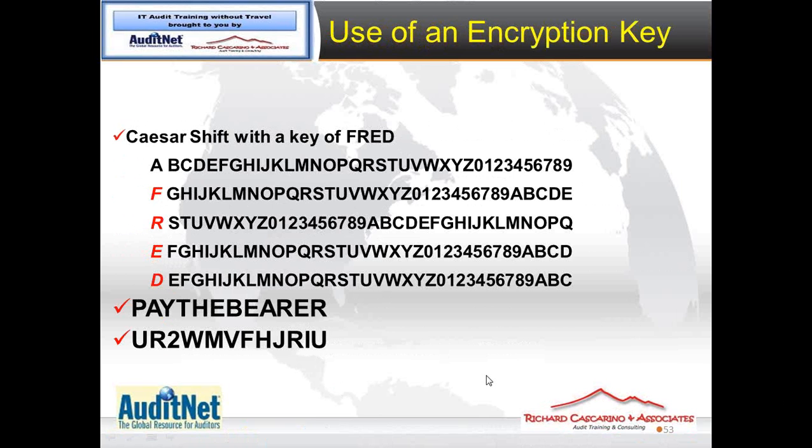So how does it work and why do we have a key? This is a very basic encryption technique known as a Caesar shift. The reason that we use a key is because if you take any given piece of text, whether it's English, German, French, it doesn't matter, in that particular language, there'll be a letter frequency.